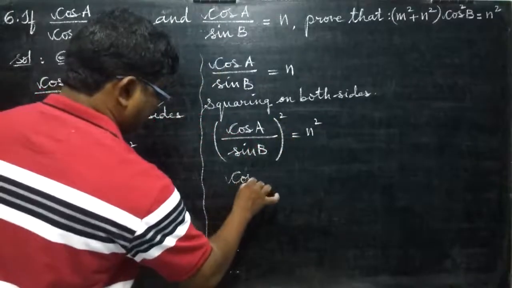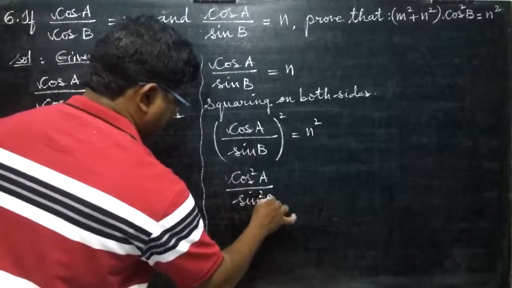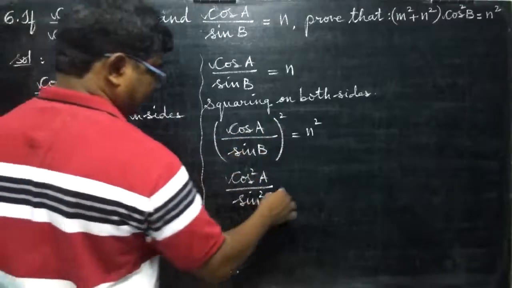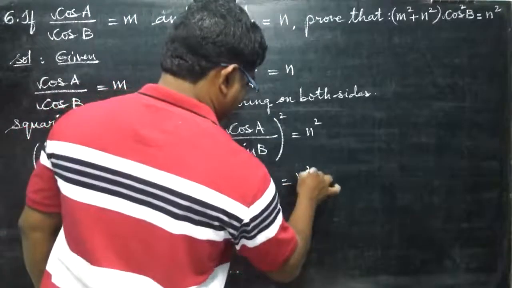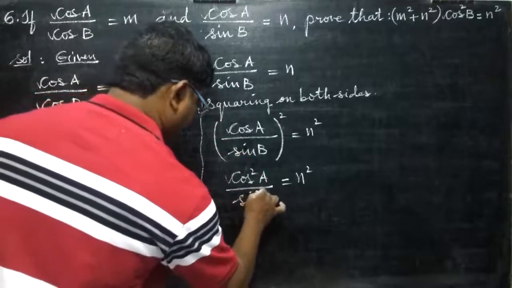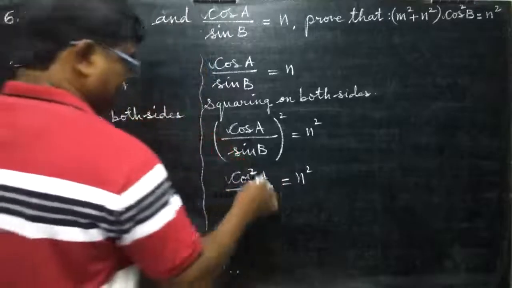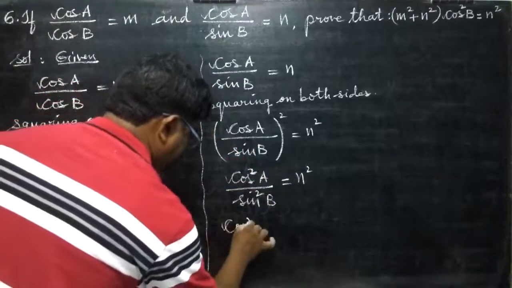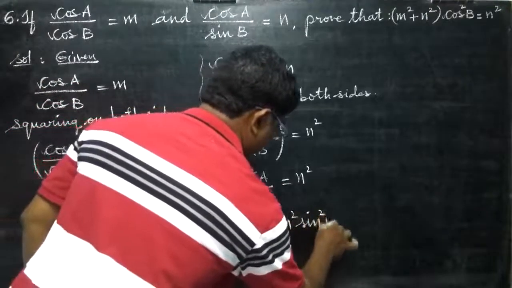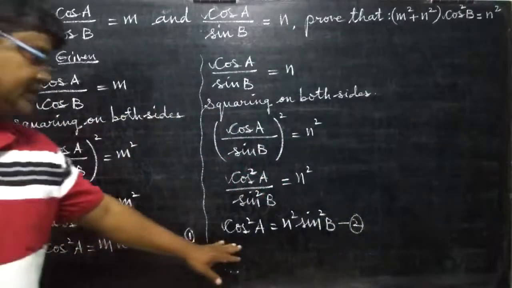So cos square A for the numerator square by sin square B. In the laws of indices, a by b whole power m is equal to a power m by b power m. That formula, that is equal to n square. Write the square properly, otherwise it will look like 2n 2b. Now cos square A is equal to n square into sin square B. This is equation 2.